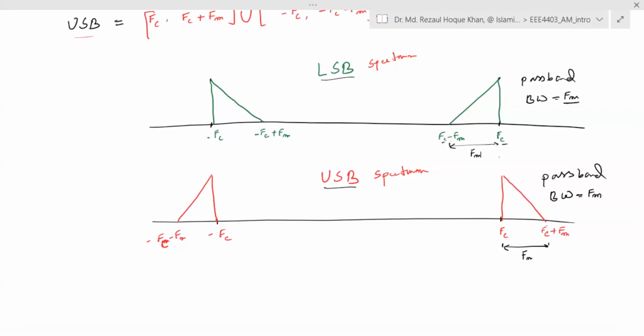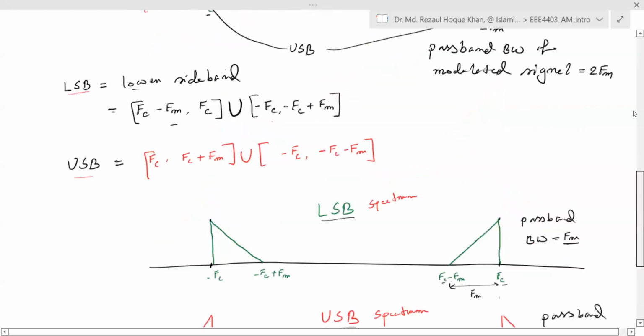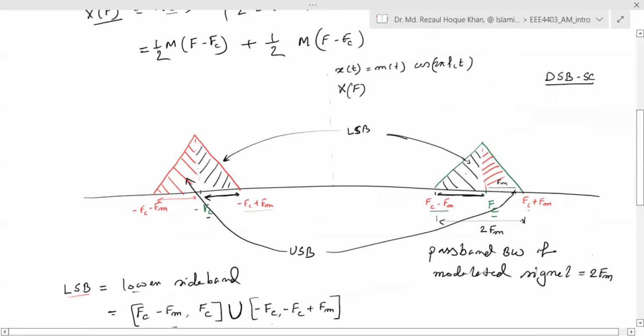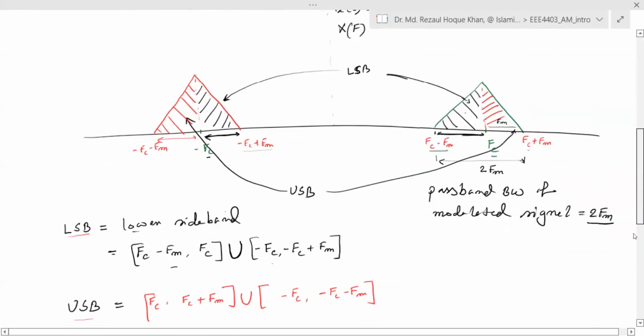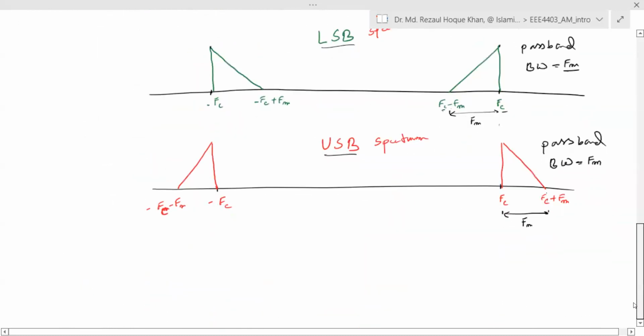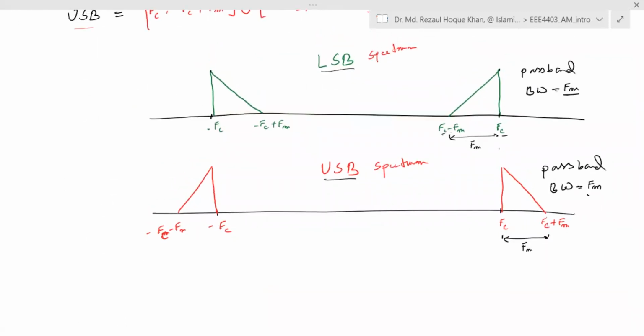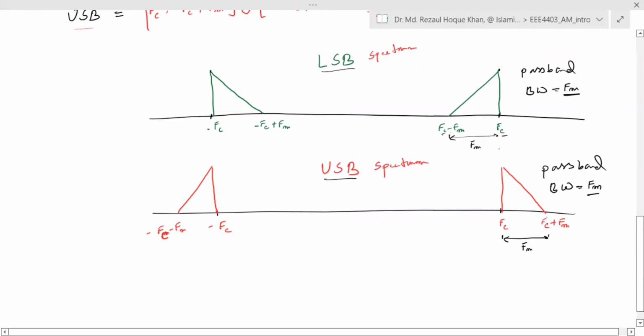So we can see that previously for the DSB system, our passband bandwidth was twice FM. For single sideband, either LSB or USB, the bandwidth is FM, which is half of the bandwidth.